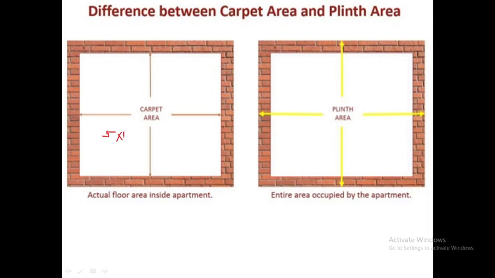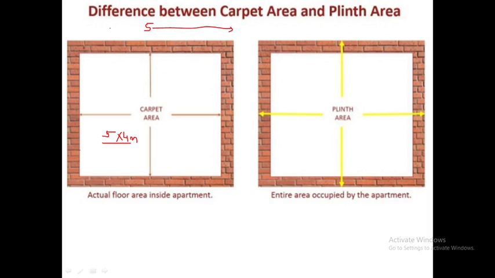Carpet area means the internal area excluding walls. That is, 5 into 4 is the size of the room and 20 centimeter is the thickness. Suppose this 5 into 4 is the external dimension of this room. Then the length of the room is equal to 5 minus 0.2 minus 0.2, both sides.